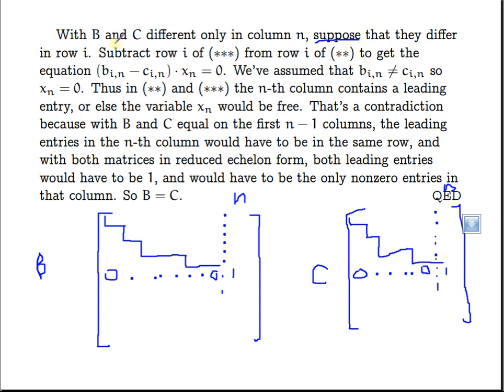Since I've derived a contradiction, this supposition must be false. B and C cannot differ in row i. If they don't differ in row i, they don't differ in any possible row. They must be the same in column n. So column n of B is equal to column n of C. The two matrices are, in fact, equal for all columns.